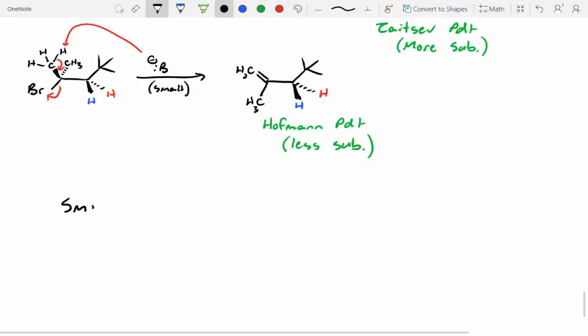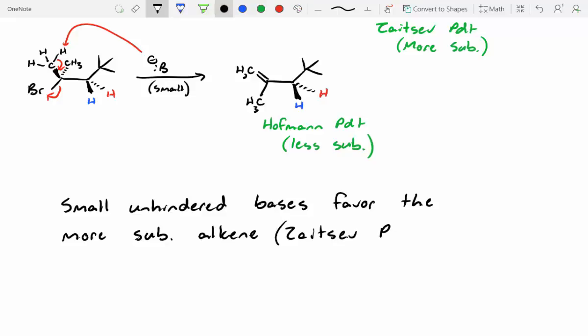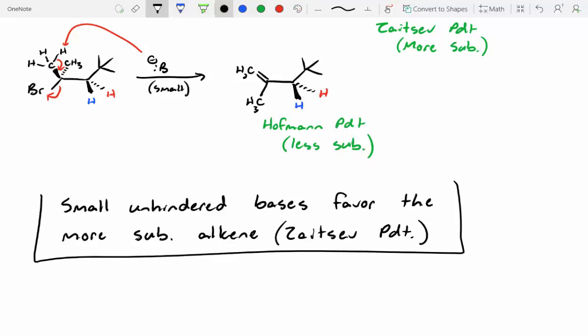So small, unhindered bases favor the more substituted alkene, which is referred to as our Zaitsev product. The reality is you might get a little bit of a mixture though.